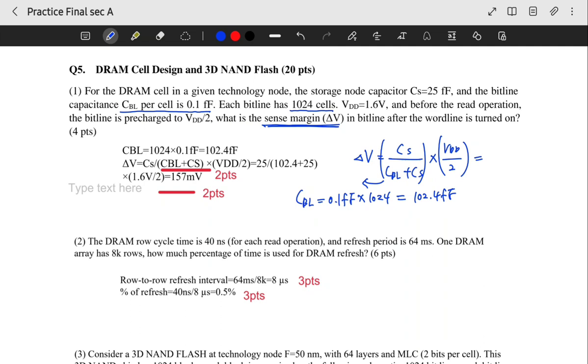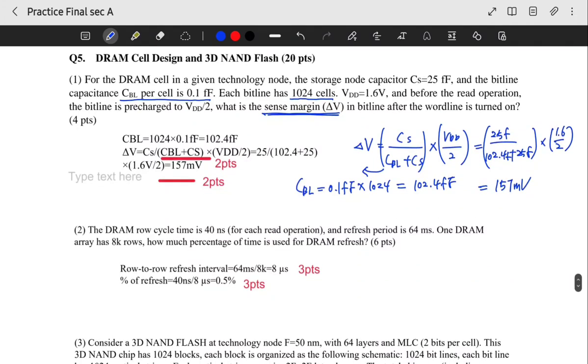The CS is given 25 fF, and 102.4 plus 25, then you divide by 1.6 over 2, then you will end up with 157 millivolt.